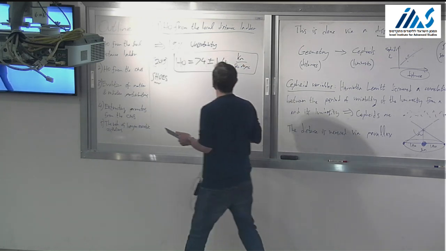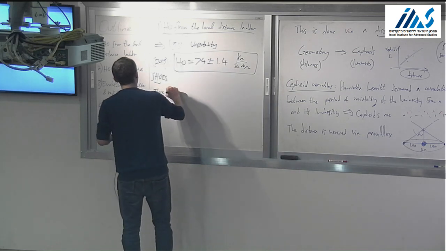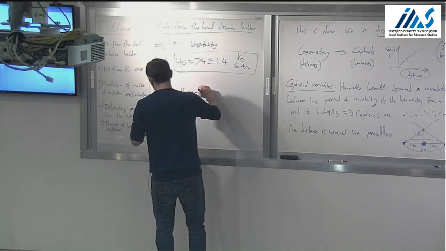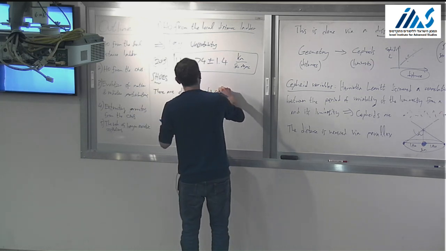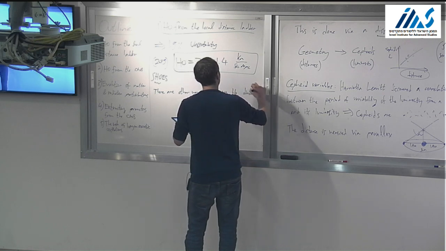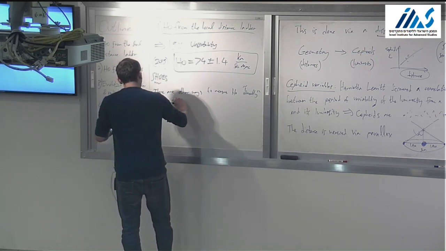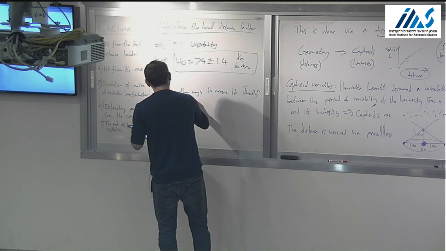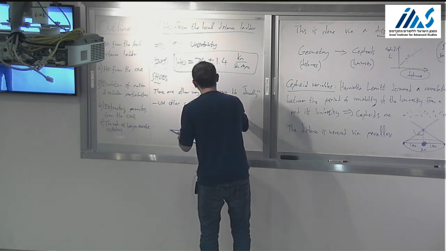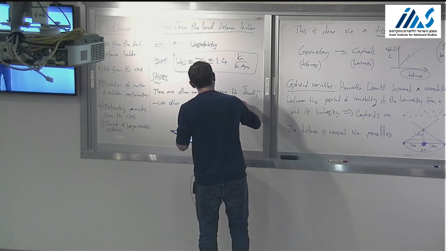Okay, so quite precise. And I should mention that there are other ways to measure H0 sort of directly without assuming cosmology. So what you could do is you can use other calibrators instead of Cepheids.